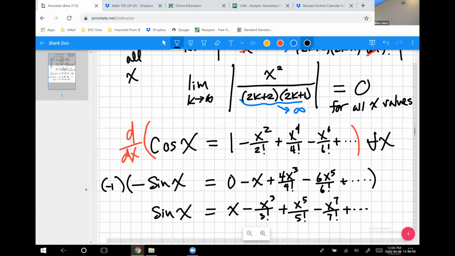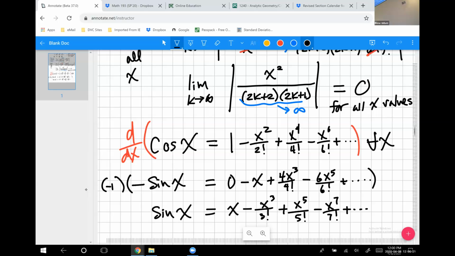So that is the Taylor series for sine. I'm using the theorem we had in the last section where when you have series, you can differentiate both sides and get another series. In this case, I differentiate cosine and I get minus sine, and then I adjusted that to give me sine by multiplying by -1.